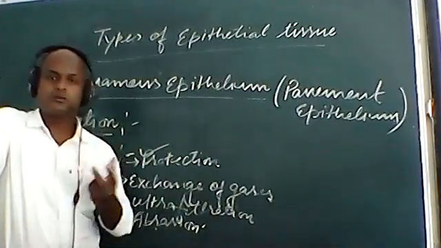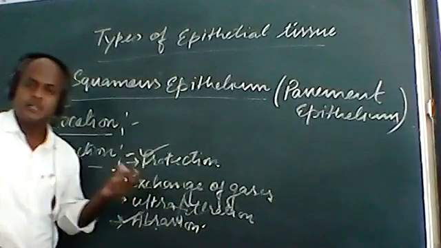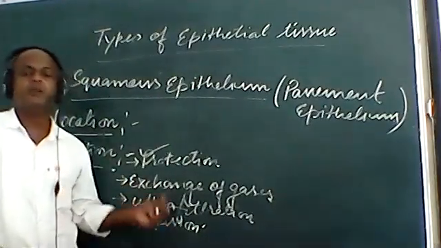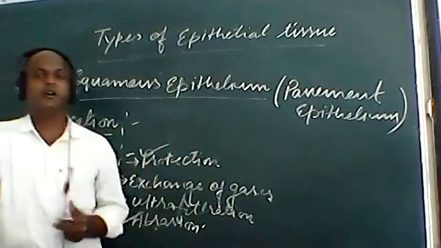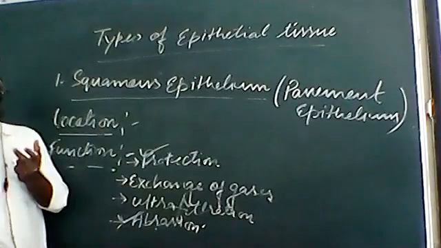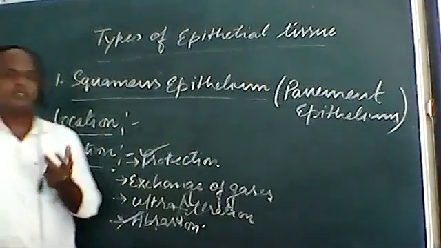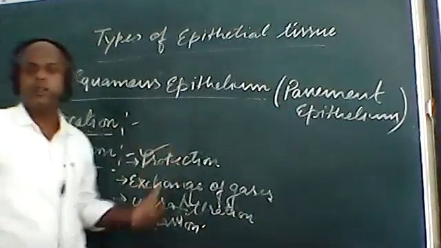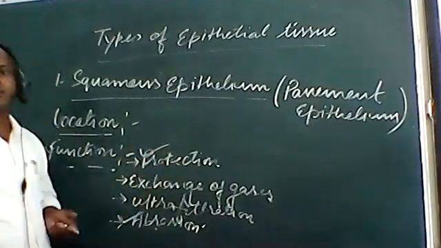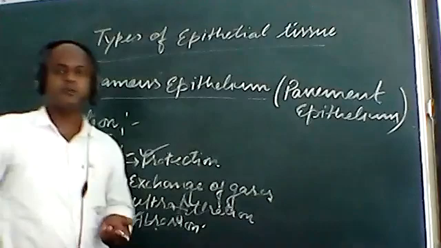Abrasion means to damage. So especially for the stratified squamous epithelium, because it is present on the upper surface of the skin, it is helpful to protect our skin from abrasion, from damage. So we have studied the different types of function of squamous epithelium.